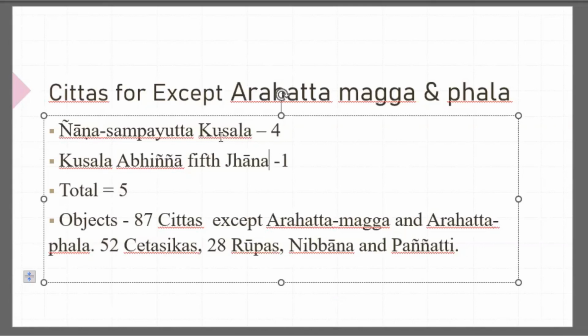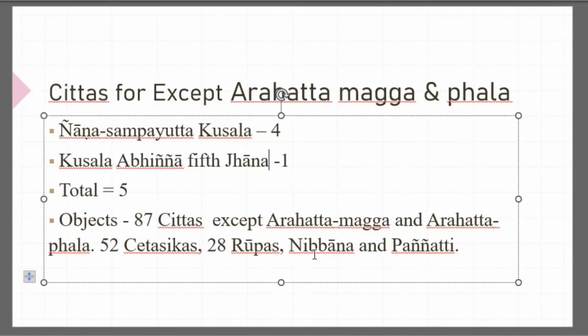Then what are the objects of these 5 Cittas? 87 Cittas, except Arahatta Magga and Arahatta Phala. Then 52 associated Cetasikas, 28 Rupas, Nibbana and Paññatti concepts.